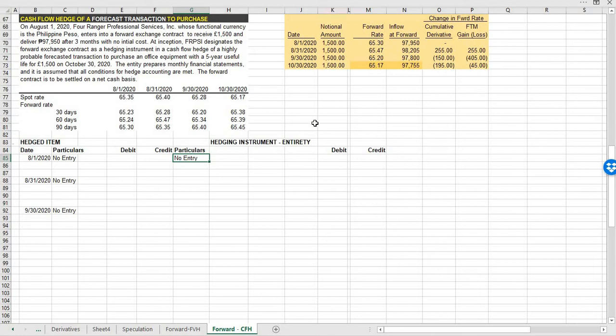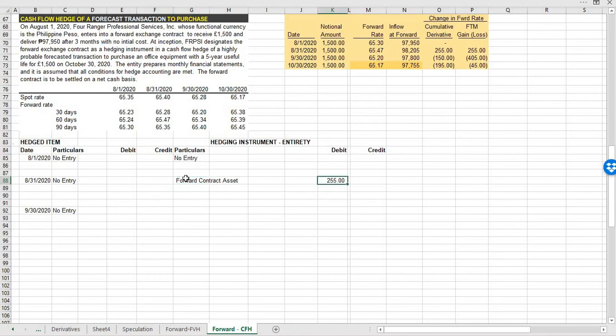So, punta na tayo sa isa pang petsa. August 31, 2020. Meron na tayo ritong change. May i-recognize daw tayong gain na 255. Pag nag-recognize tayo ng gain na 255, syempre, we need to recognize also a derivative which is an asset of 255 pesos. Kaya tayo ay debit forward contract asset, which is the derivative account, 255.